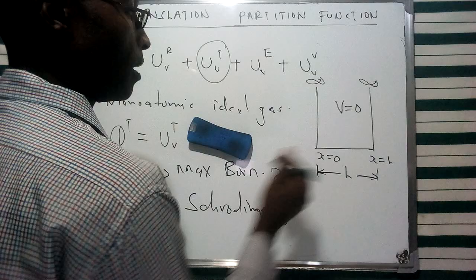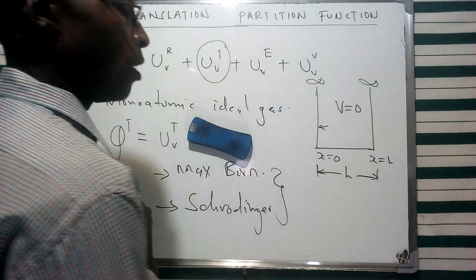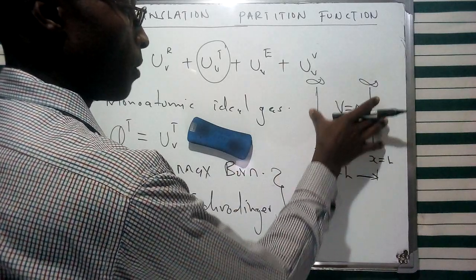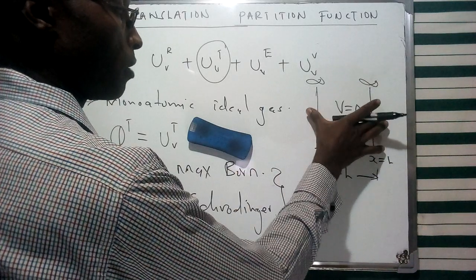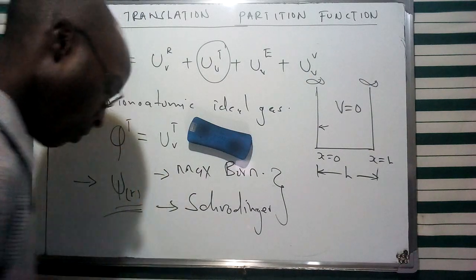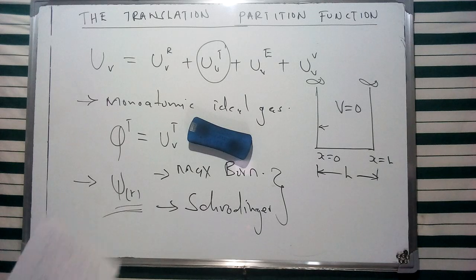Therefore, the possibility of finding a particle as it approaches a wall is almost 0. The wave function approaching these two walls of the box is going towards 0 potential. So we're going to consider the dimensions of this particle in a box, and we're going to use a 3-dimension box in that specific case.